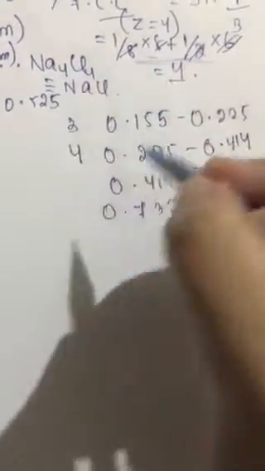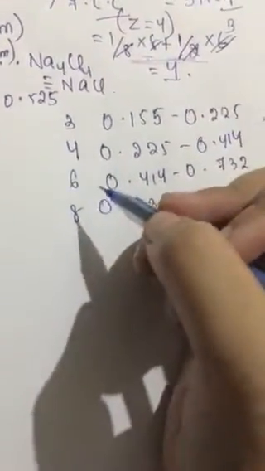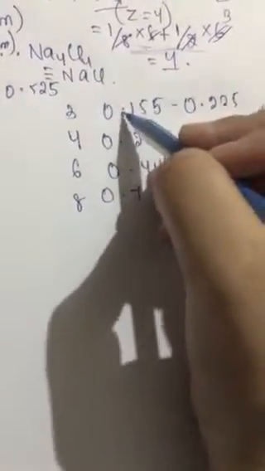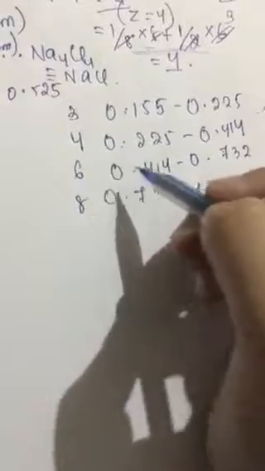Coordination number here was 3, 4 here, 6 here and 8 over here. These were trigonal planar, tetrahedral, octahedral and cubic.